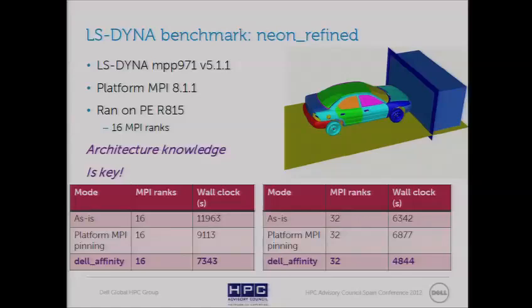I ran again on that same R15 machine, and you can then see that if you use it on 16 or 32 cores, where it has knowledge of the Interlagos, that using the placement program gives you a substantial performance improvement compared to that you run it as it is or with the internal process pinning of the platform MPI library. So architecture knowledge is key.